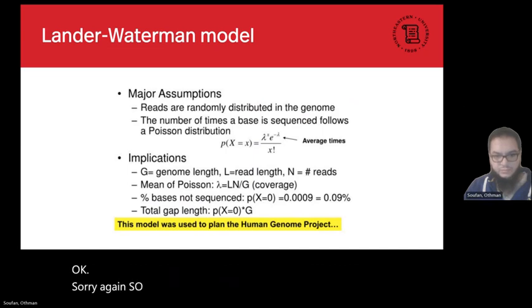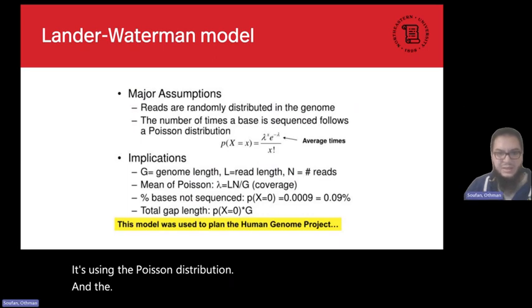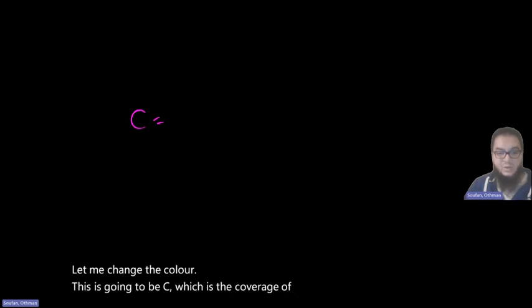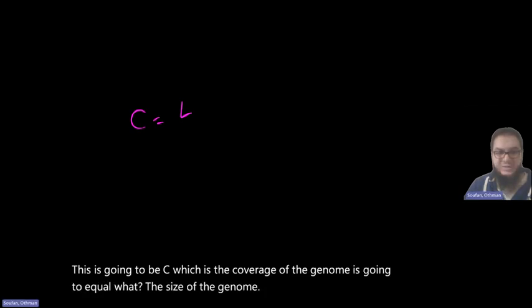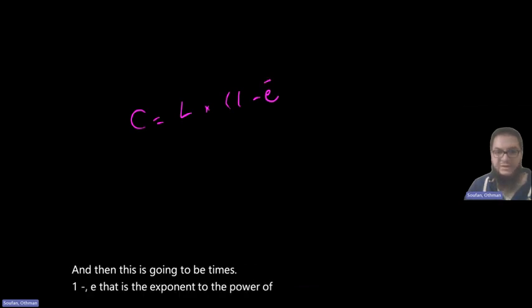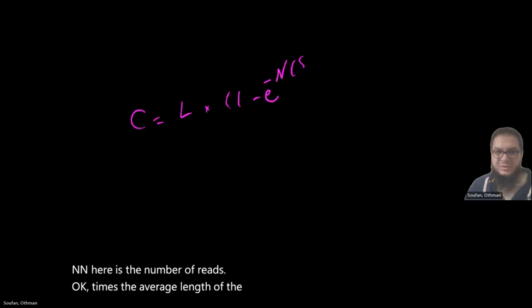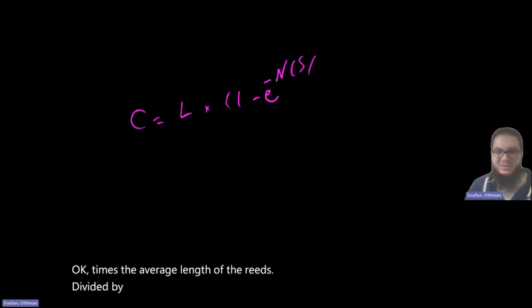The formula is using the Poisson distribution, and I can write the formula here. It's C, which is the coverage of the genome, and this is going to equal the size of the genome times 1 minus e to the power of minus N, where N is the number of reads times the average length of the reads, divided by L, which is the size of the genome.